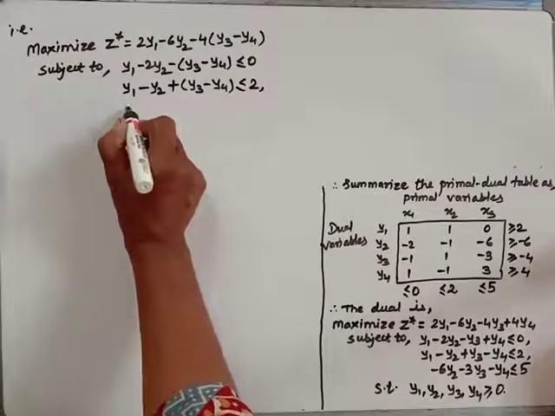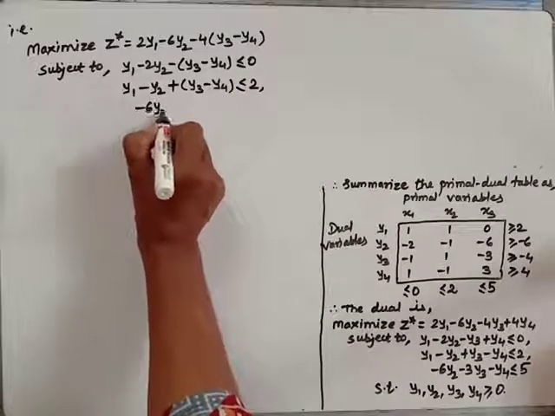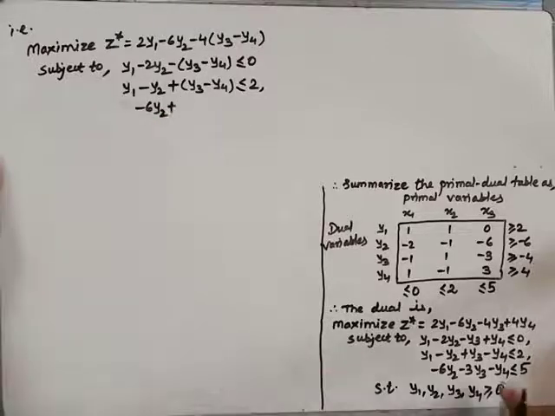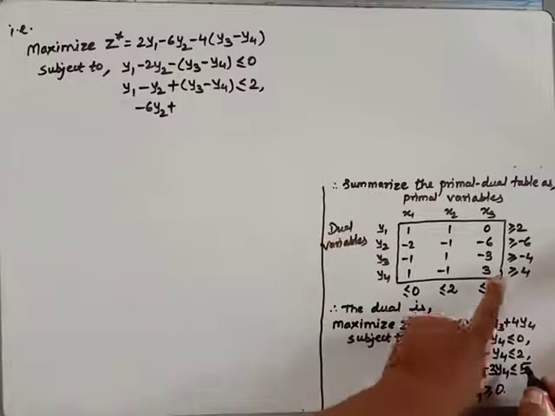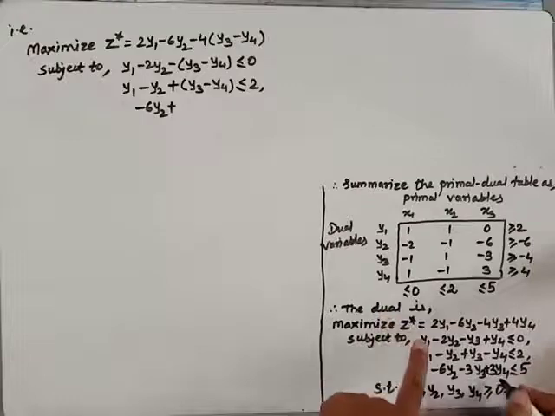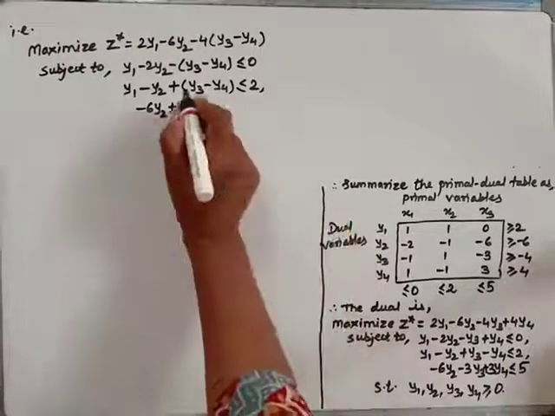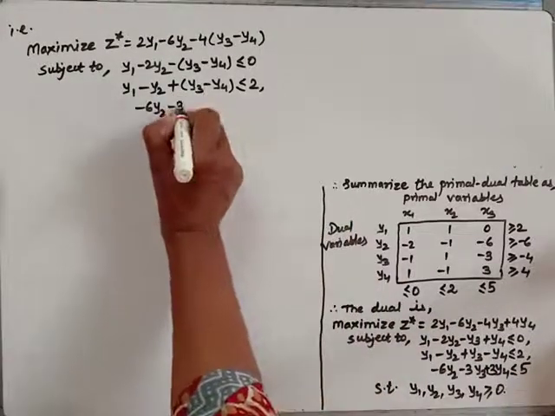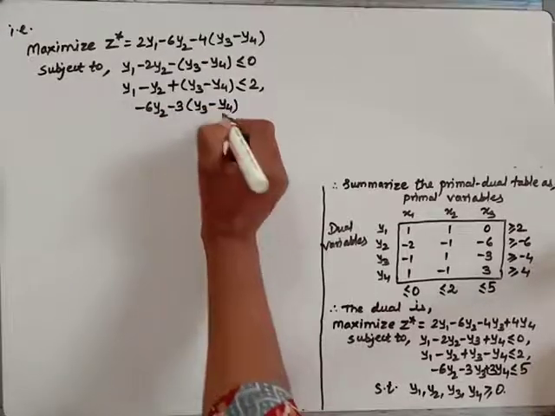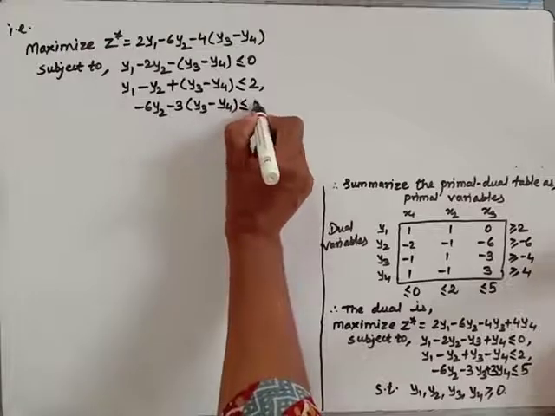Next one, minus 6y2 plus, here it is minus 3y4, so plus 3y4 is here. So let us take minus 3 common from here. Minus 3 common, it will be y3 minus y4 less equal 5.